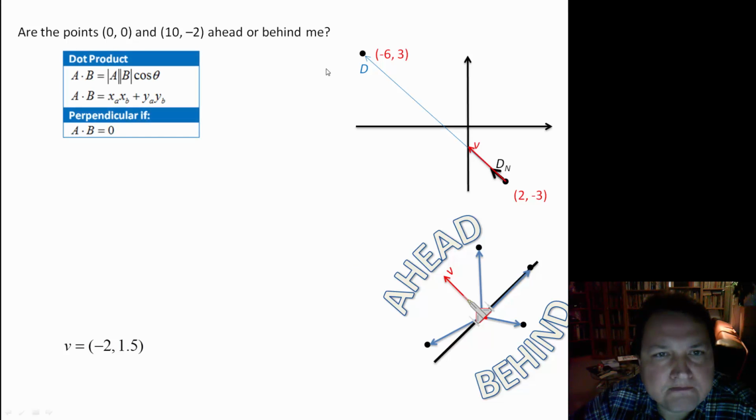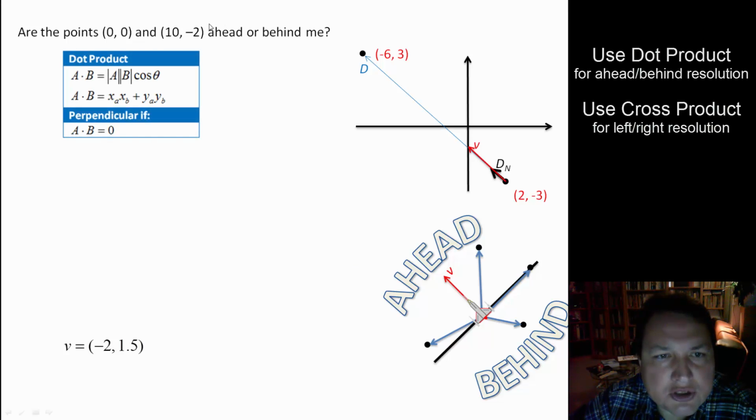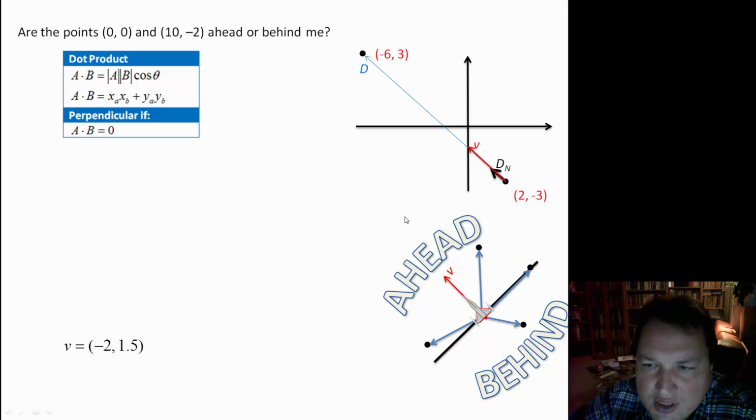Here are some formulas for the dot product, and what's interesting for us is this: the condition for two vectors to be perpendicular, as in the case of the displacement of this point. For these two vectors, the value of the dot product is exactly 0.